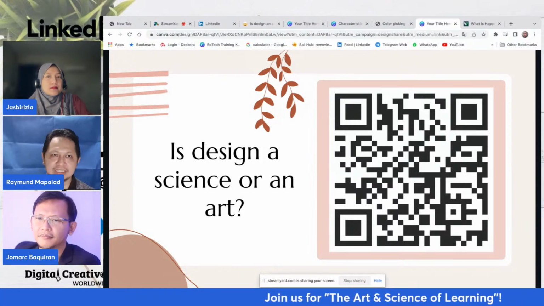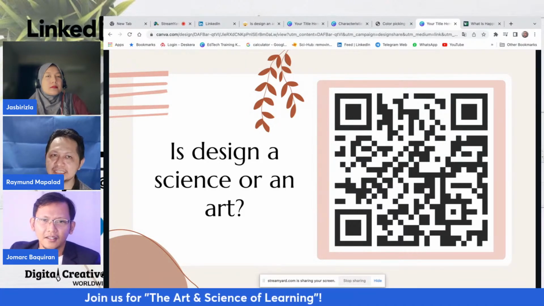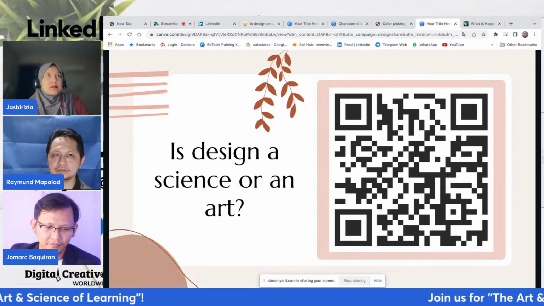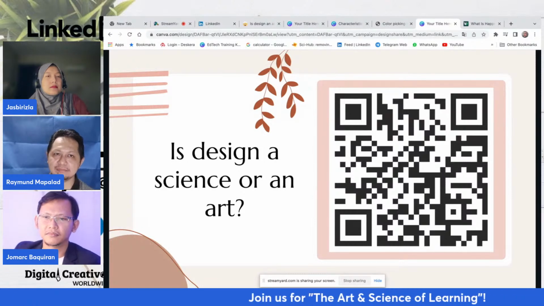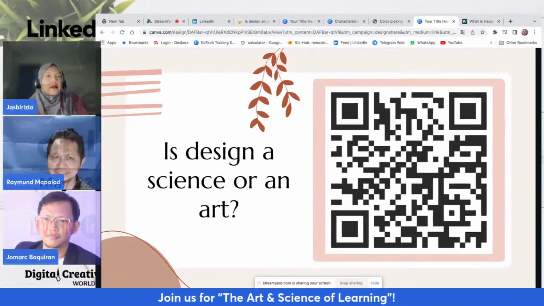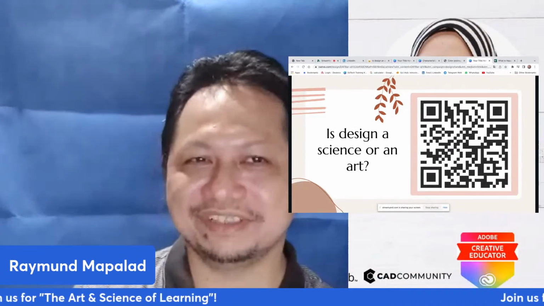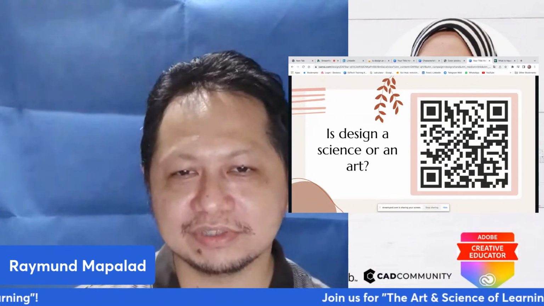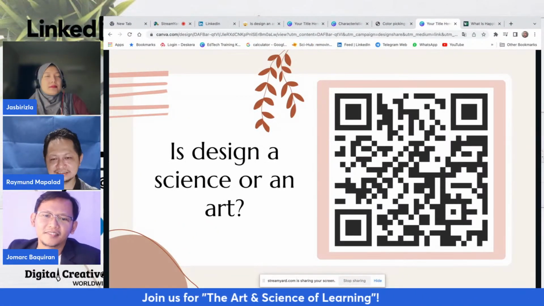Although one can be inspired by the other, design should not have any bias, and should be interpreted the same. So I do believe it's closer to science, in which there is a method to the madness, quote unquote. I meant that positively. So that would be my answer with regards to whether it's closer to art or science.